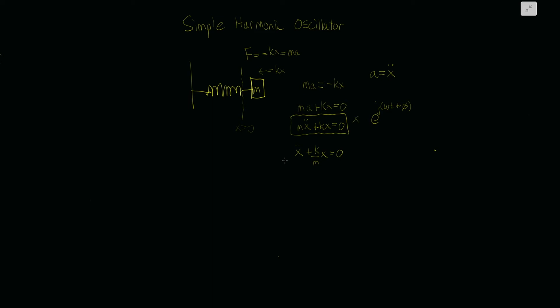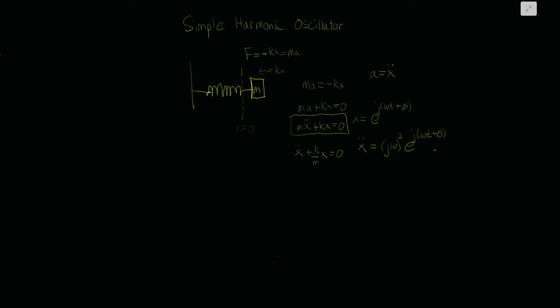We're going to say x equals this exponential, and we already know what x double dot is, we can just plug that in there. The second derivative of x is just going to be j omega squared times the original function.